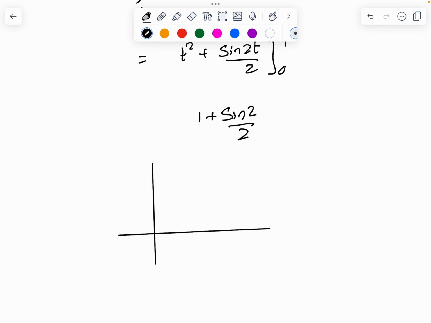It is the same graph. And this is 1. This is pi by 4. And this is 1. Shade the region. This is going to be the answer.